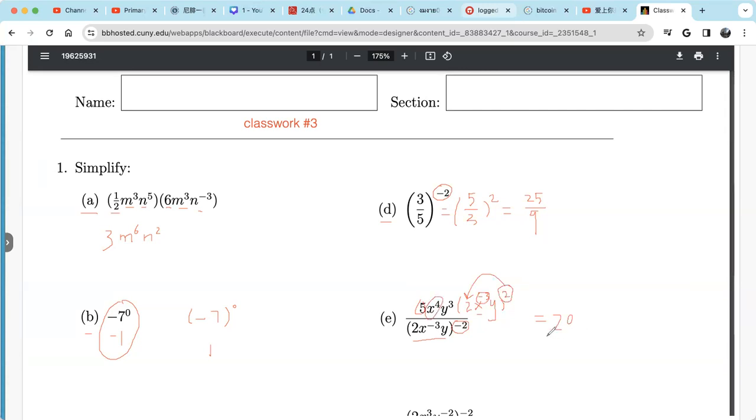So 4 plus -6 is -2. -2 in the numerator indicates that goes to the denominator to be x squared. And the y term, I have y raised by 3 here, and a y squared here. So 3 plus 2, that's 5. So the answer for this one is 20, y raised by 5 divided by x squared.